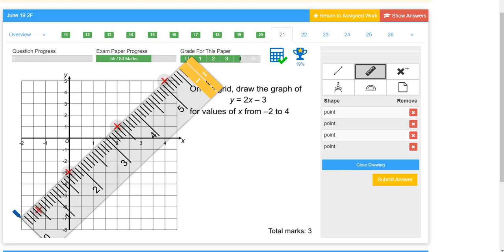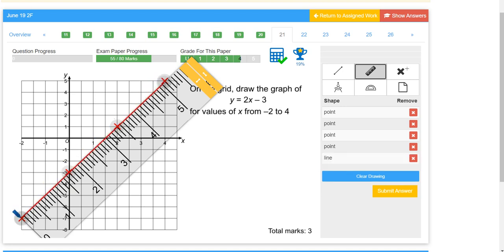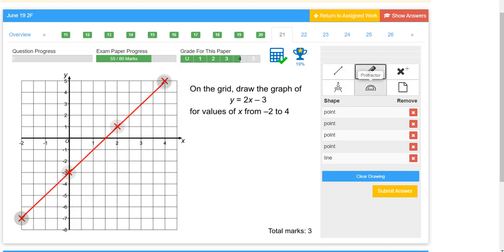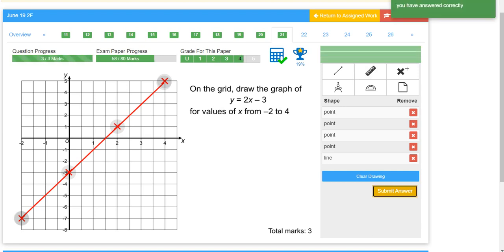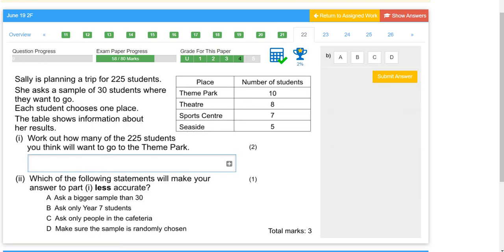Looks like it's going through those okay. I should move that. And let's use our blue. And that hopefully will be our line. Take away the ruler and have a look at it. And that looks pretty good to me. Is MathsWatch happy? And it is indeed. So I know it's a little awkward using the MathsWatch tools, but we have to work with what we can at this current time.